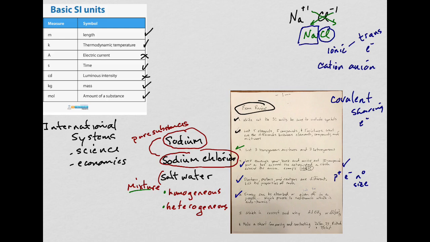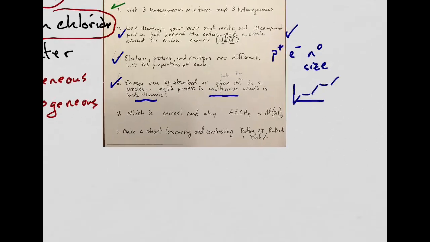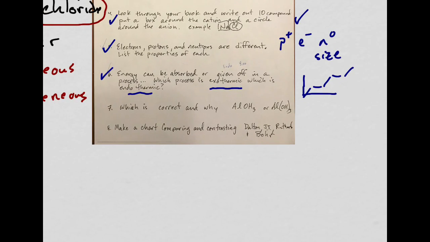Energy absorbed and given off. We probably handled that just a little bit ago, probably yesterday even, we said endothermic and exothermic when we were talking about the heating and cooling curve of water, and we were moving to heat up water or cool down water. All right, this next one here, it demands that you understand how to use ions and make compounds.